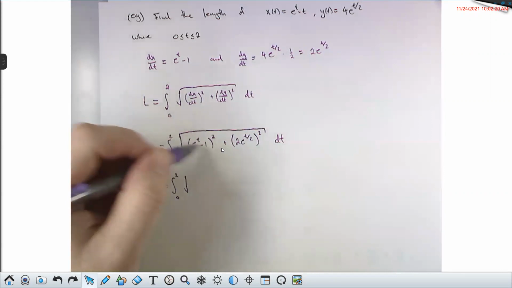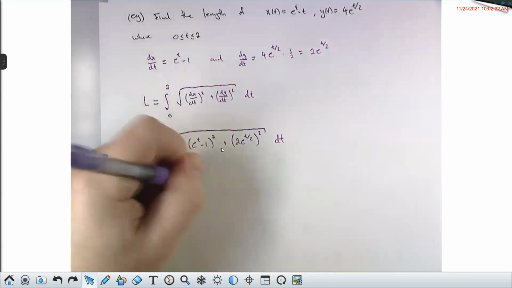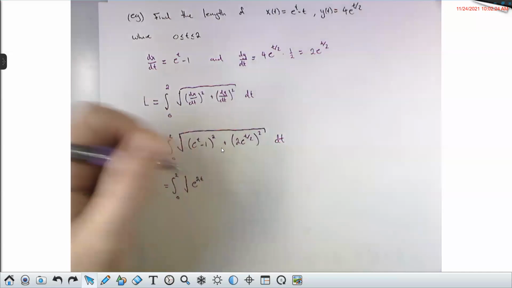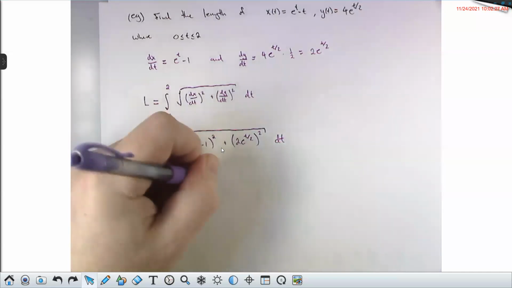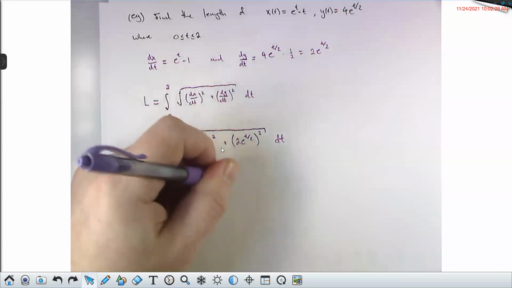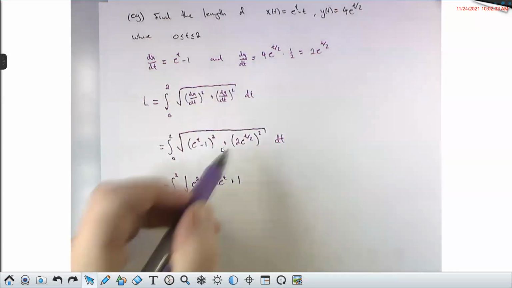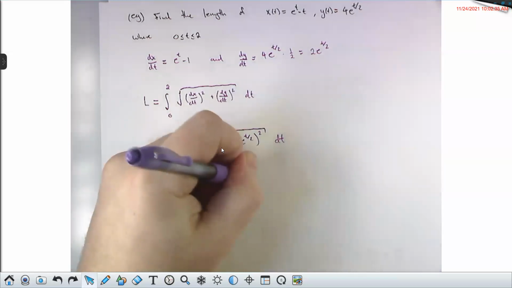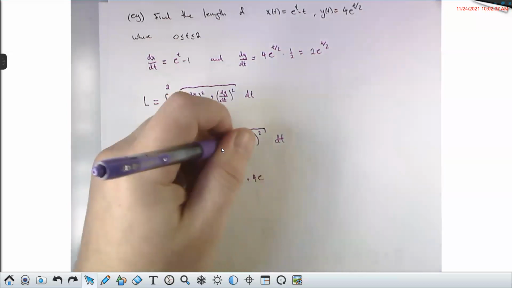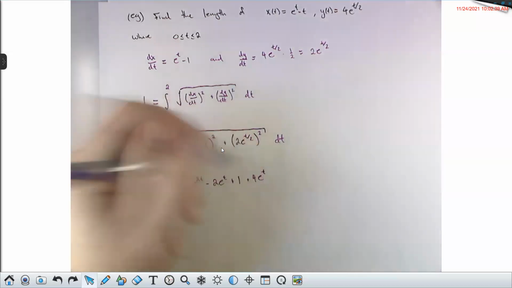If I square out e^t - 1, that's (e^t) squared, or e^(2t), minus 2e^t plus 1, FOILing. If I square 2e^(t/2), I get 4e^(2 times t/2), which is e^t.